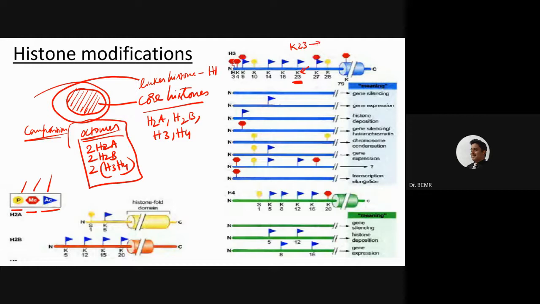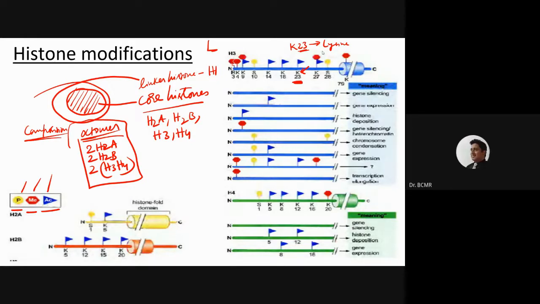Can anybody help me out? Amino acid leucine, sir. Okay. Anybody else? Not leucine, lysine. That's right. L is for leucine; this is lysine. Okay, what is 23? Position, sir.